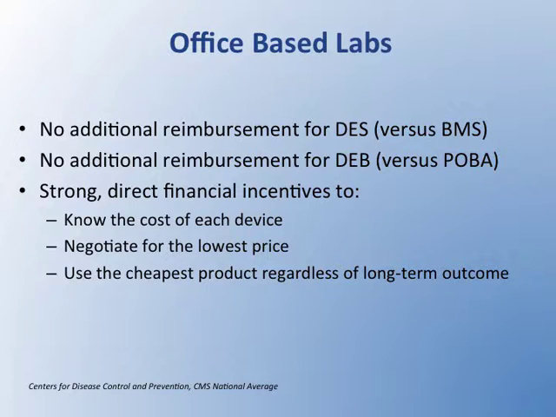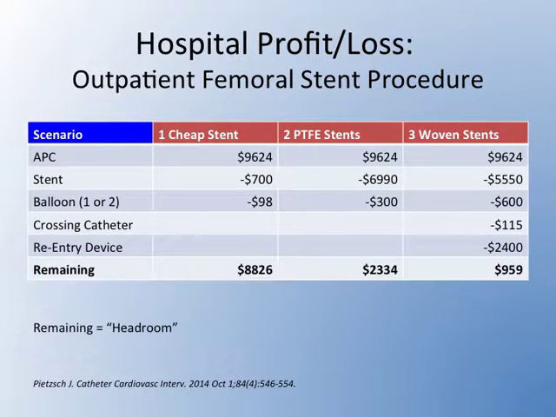For office-based labs, this can have real impacts on how healthcare is practiced. There's no additional reimbursement for DES or DEB, for example. Let's look at what this does in terms of the cost to the institution of using different equipment. So in one scenario, given an APC or an outpatient hospital procedure where the hospital gets $9,600 to do the case, if you use cheap equipment, the hospital has $8,800 left over after the case is performed.